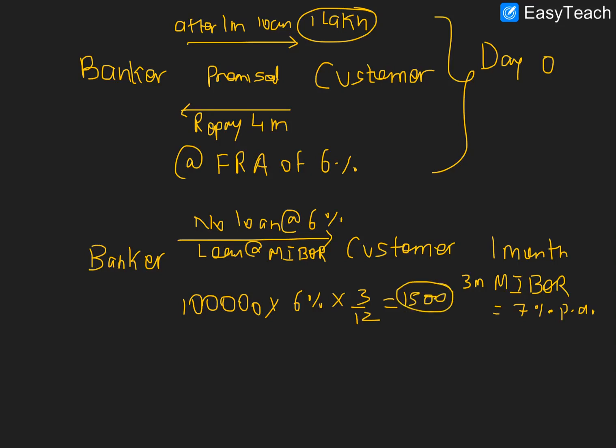Okay, so now this is the interest under the FRA, under the forward rate. Now the banker says, "Okay sir, suppose you take a loan under the current MIBOR, so you also compute what is the interest under MIBOR."